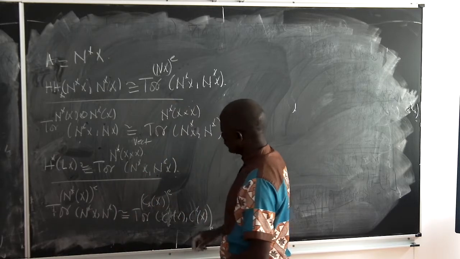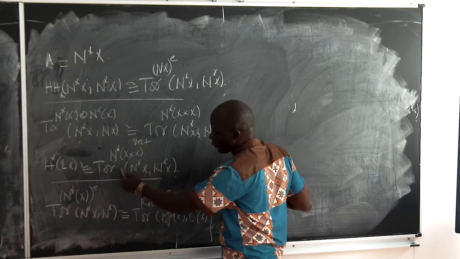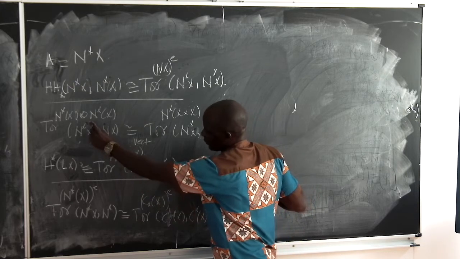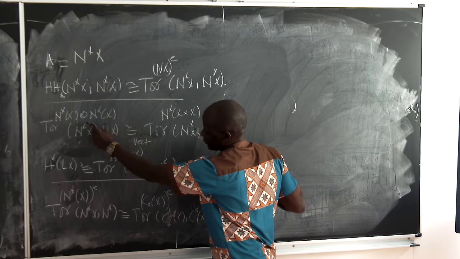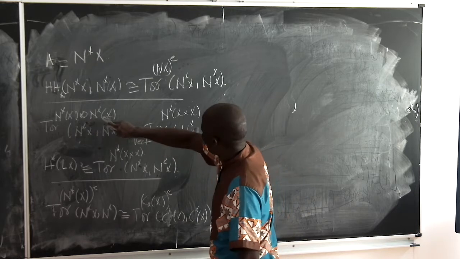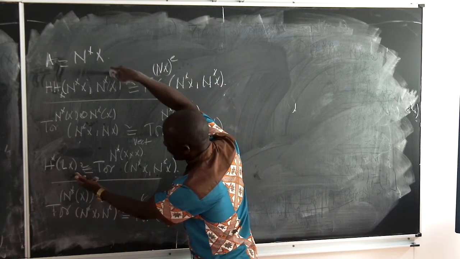So we have also this relation. So we are going to have a link between this one and this one, and then have a link between this one and this one, so that these two things should be isomorphic as algebra.